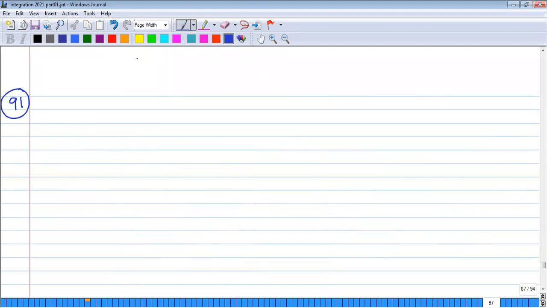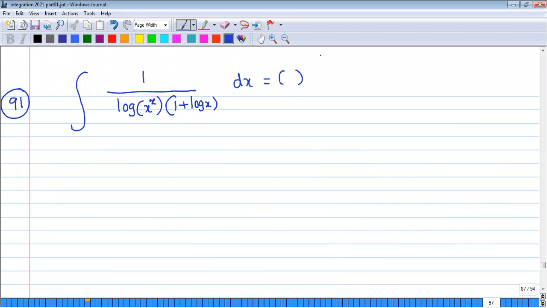Okay, next, integral of 1 upon (log of x to the power of x) times (1 plus log x) dx. First option, log mod 1 plus log x plus constant of integration.